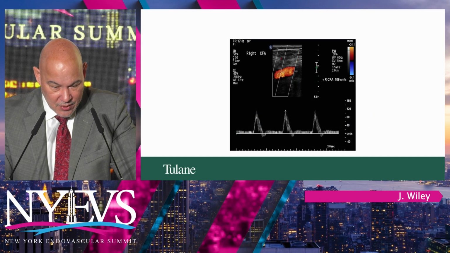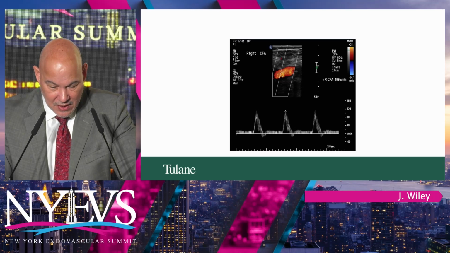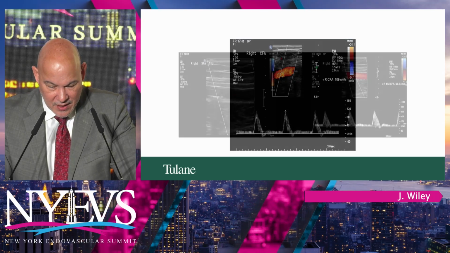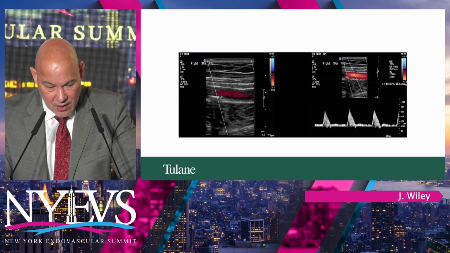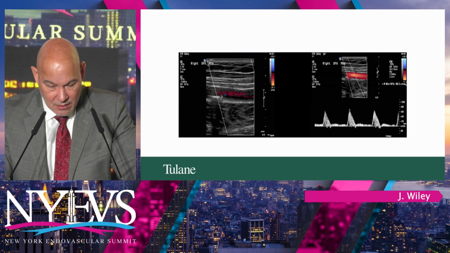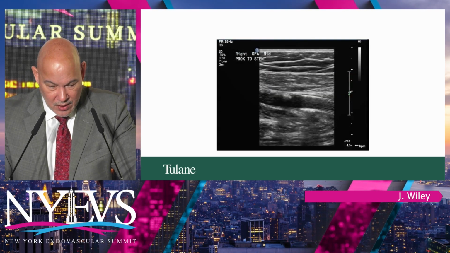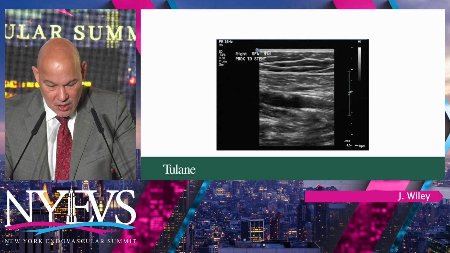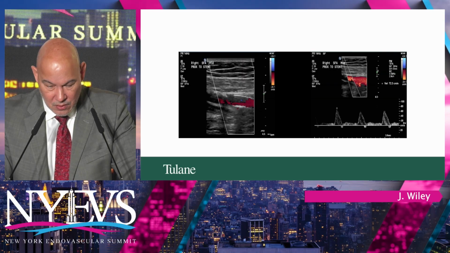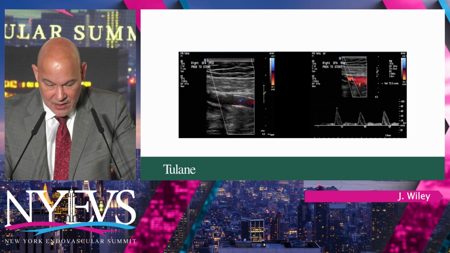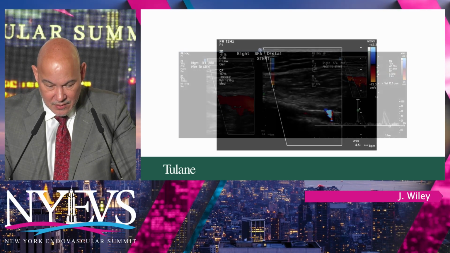This is the Doppler of the right common femoral. Velocities are okay, a little spectral broadening, not too much. We see good flow through the mid SFA. However, when you get to the distal portion of the mid SFA, you have a stent with some flow. Now you have low velocities with spectral broadening.